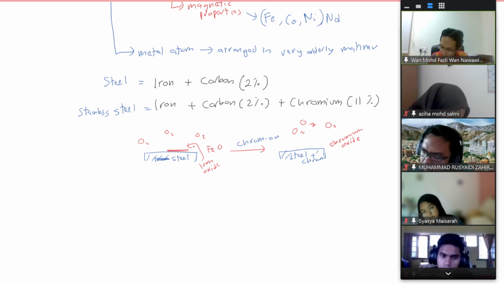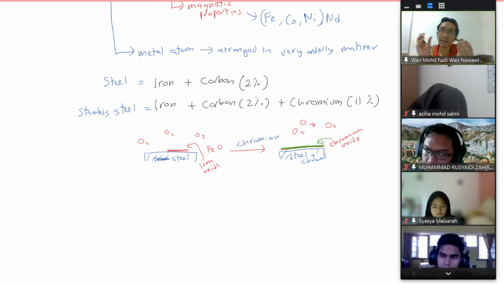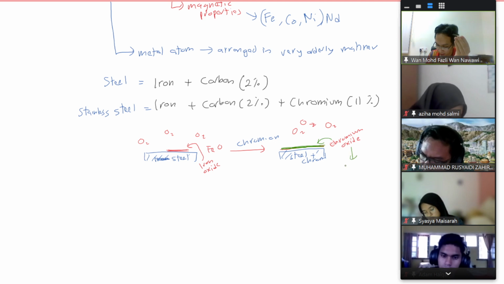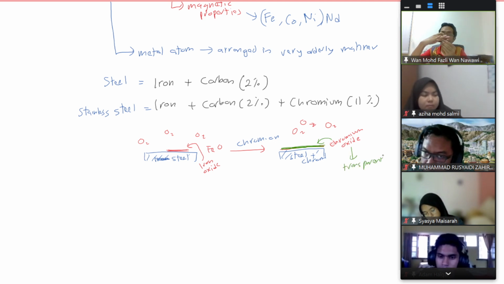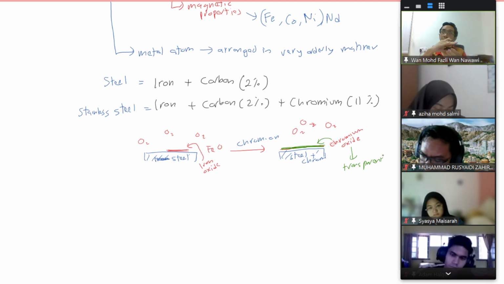Instead of iron oxide, now they have this layer of chromium oxide, and the layer of chromium oxide is transparent. When this is created, it becomes passive, meaning it's not reactive with other things anymore.